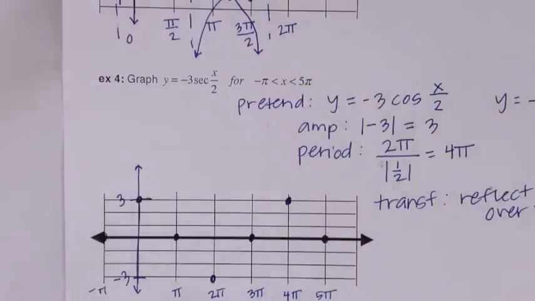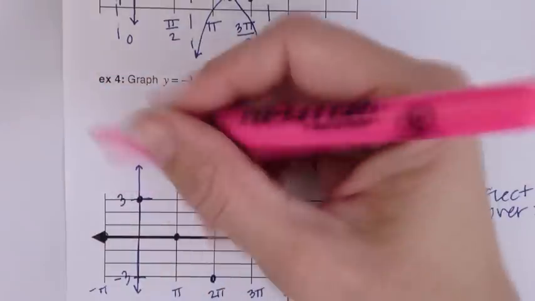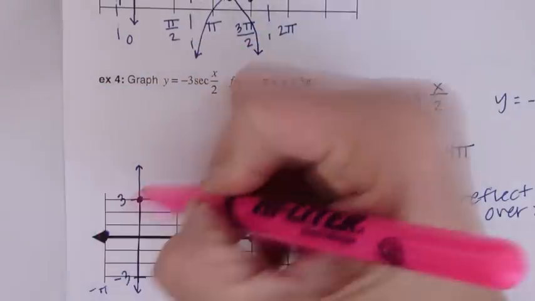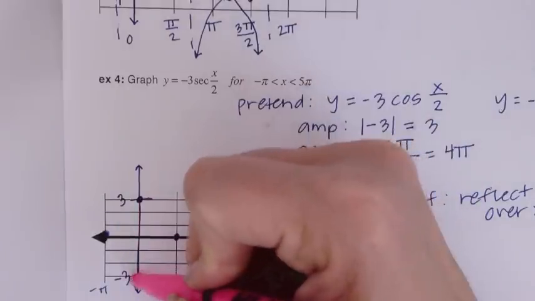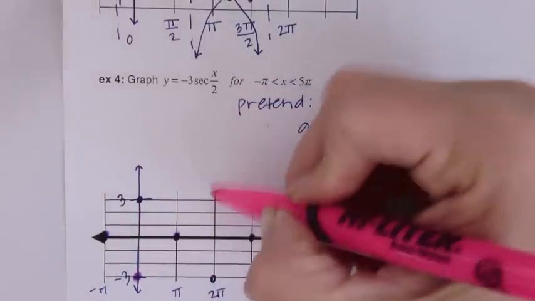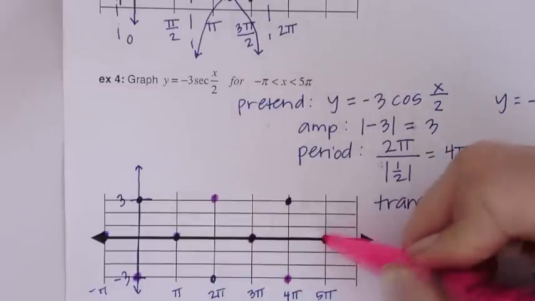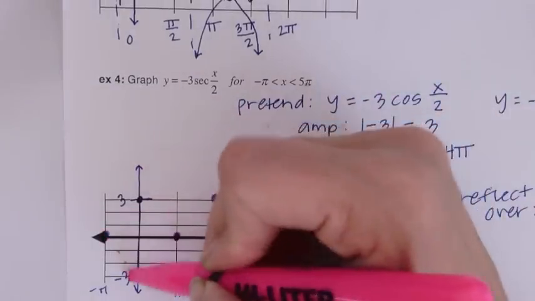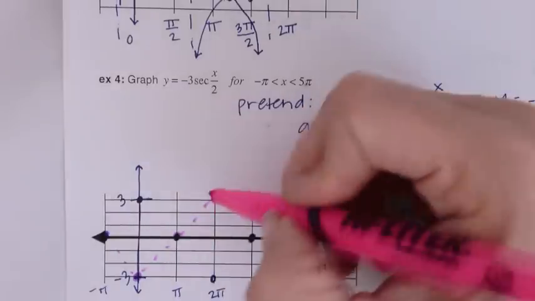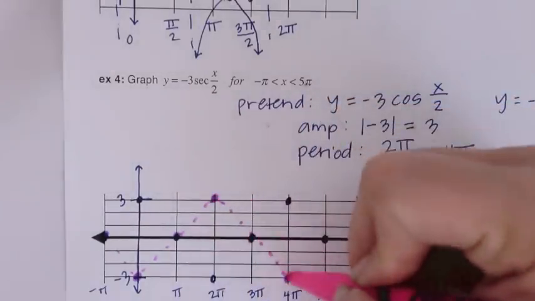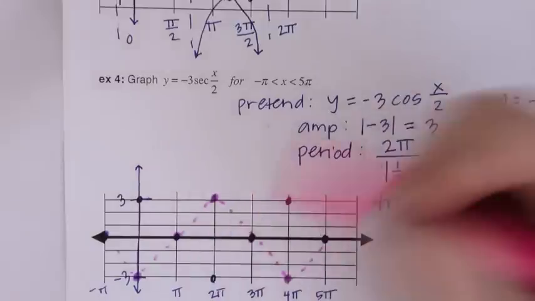So I'm going to draw the reflected graph in this handy dandy pink highlighter. So this will stay the same, but this point will come down here. This point will be reflected up, down, and then up. Those should be curves, not V's.